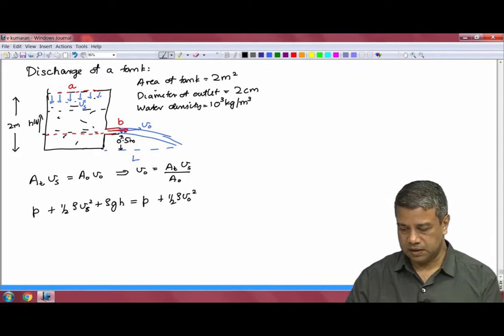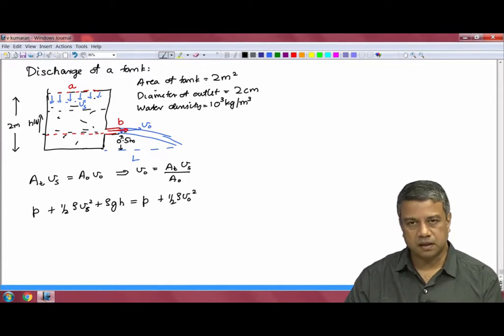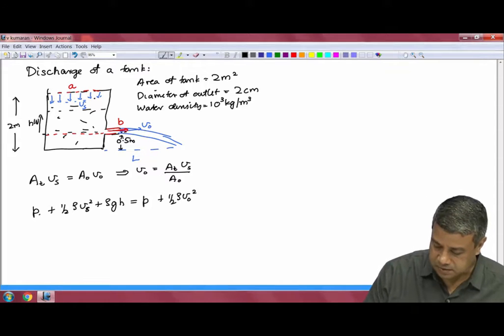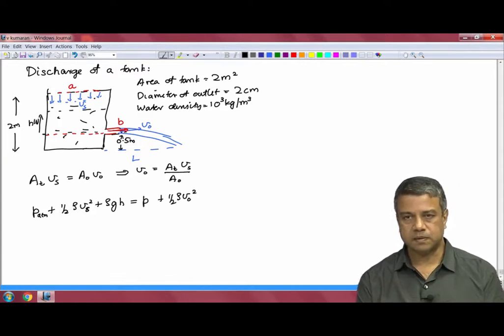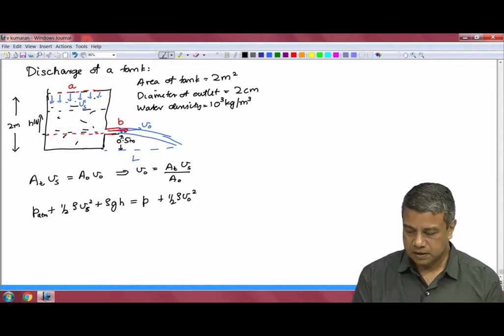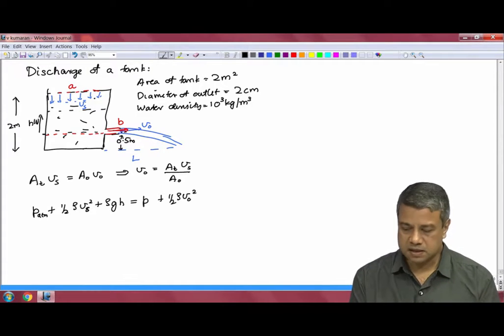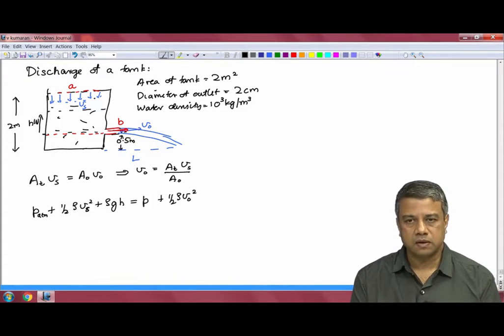What are these pressures on the left and the right side? Obviously, on the left side, the pressure at the top is the atmospheric pressure. On the right side, the tank is discharging into atmosphere.